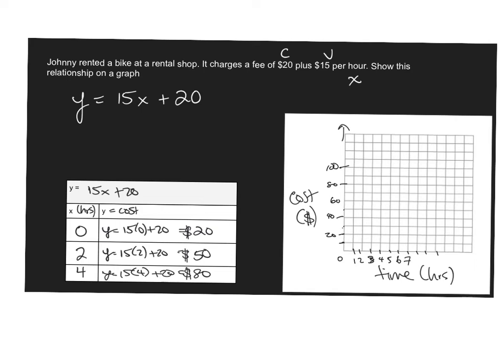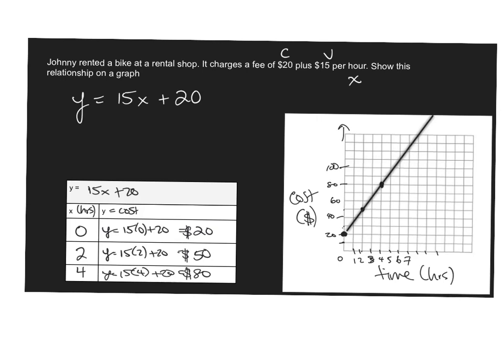So our first value is (0, 20). Before Johnny even travels out, it's going to cost him 20 bucks just to get the bike. After 2 hours, it'll be at 50. And after 4 hours, it'll be at 80. And just like we've done before, you can now connect these points with a line.